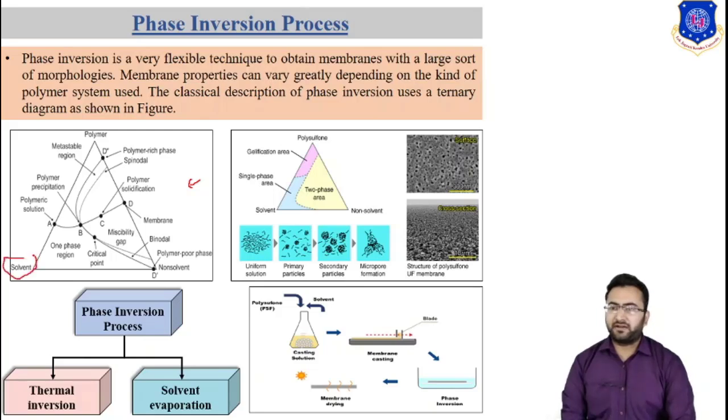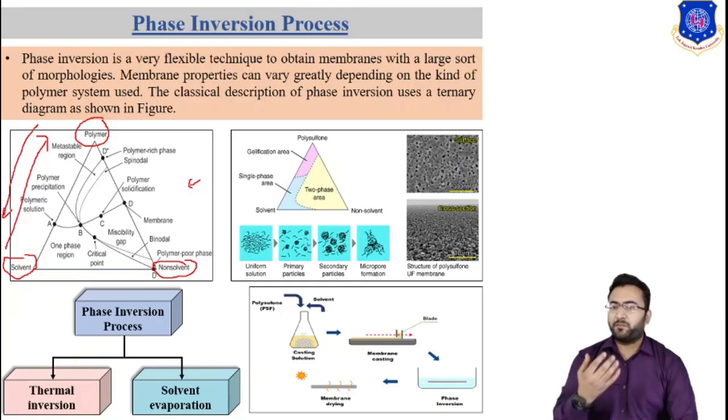At one side there is a solvent, at the second side there is a polymer, and at the third side there is a non-solvent. If we go from the solvent side to the polymer side, the mole fraction of polymer increases and the mole fraction of solvent decreases. If we go from the polymer side to the solvent side, the mole fraction of polymer decreases and the mole fraction of solvent increases. To manufacture a membrane, the polymer and solvent are required.